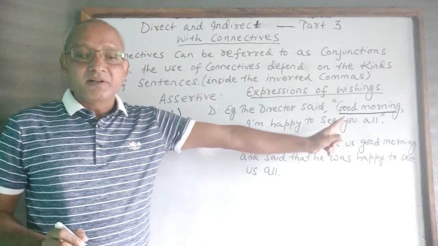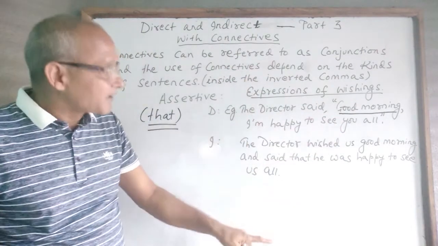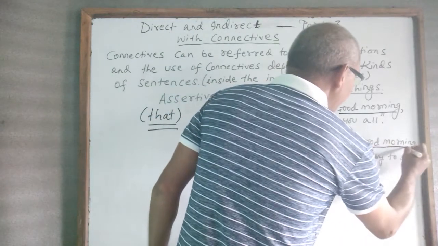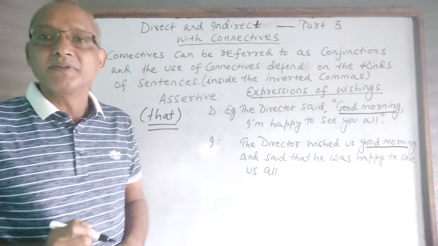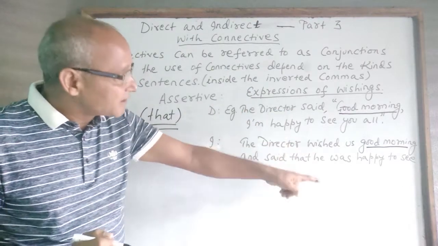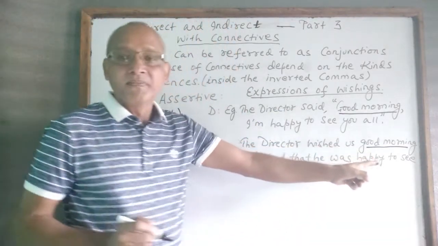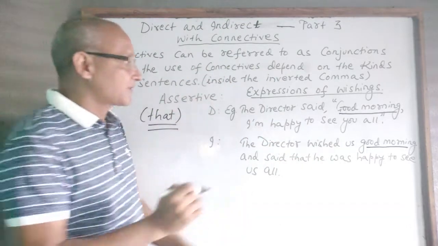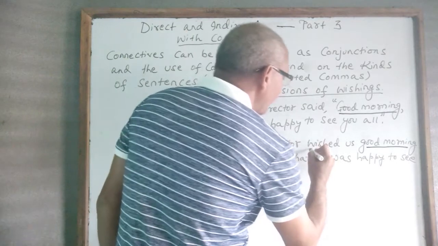Now this good morning should be converted into an object. So subject, verb, object. I have turned it into an object. The term of address can be converted into an object, and it should be kept after the address verb. So what did he do? He wished.